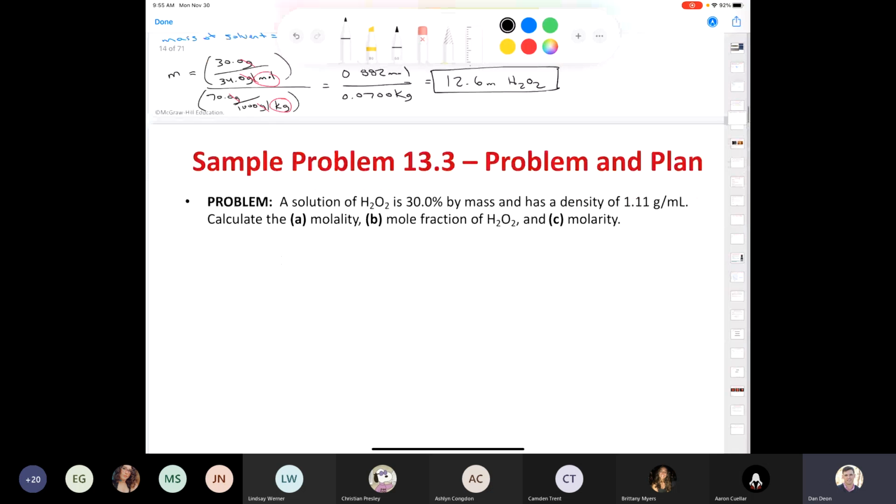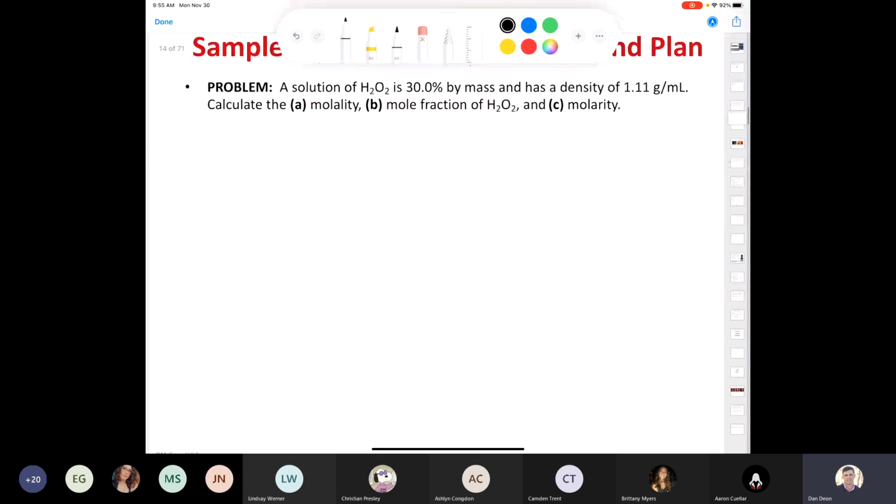Let's go back here. We get some more room here, and let's figure out the mole fraction of hydrogen peroxide. Well, we already know the number of moles of hydrogen peroxide. I'm going to go a little bit quicker here in B. We know the number of moles of H2O2 because I worked it out in the last problem. It was 0.882 moles of H2O2.